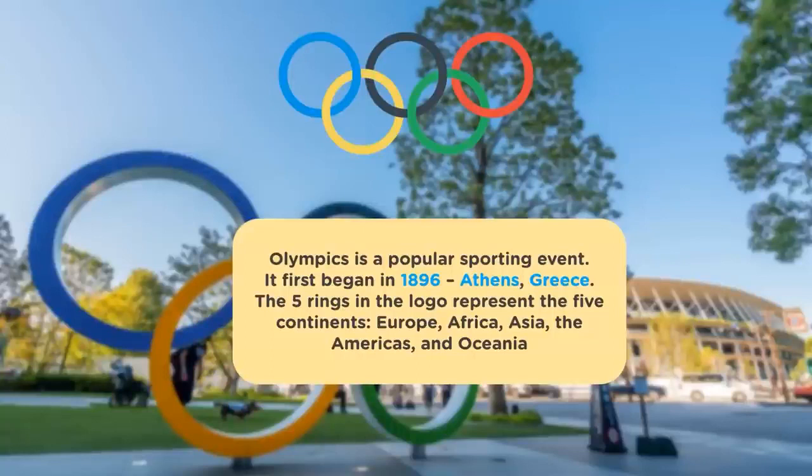The rings in the Olympics logo represent the 5 continents: Europe, Africa, Asia, the Americas and Oceania. From 1924 to 1992, the Winter and the Summer Olympics took place in the same year, but now they alternate every 2 years.